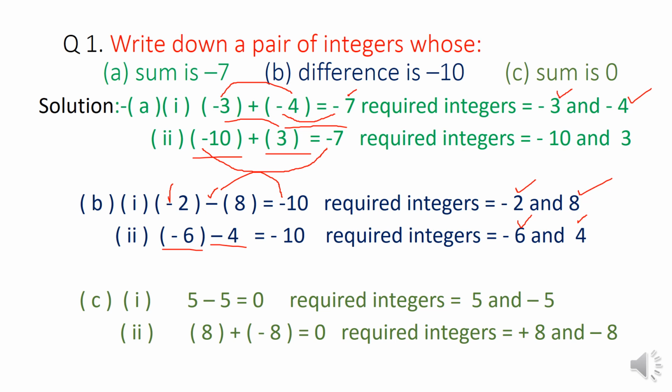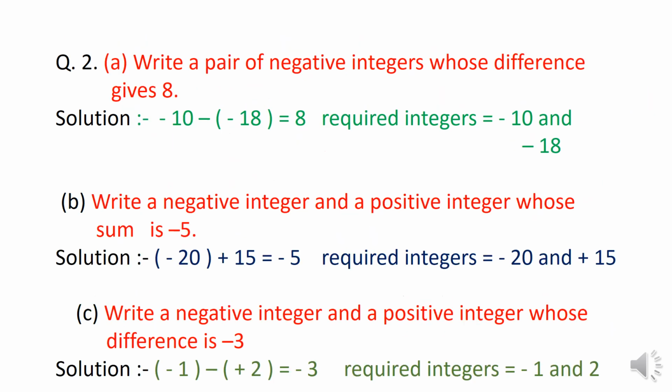Now, let us see question number 2, (a). Write a pair of negative integers whose difference gives 8. Now, listen student, for this question also there can be many answers. Whatever answers I am showing is not the only answer, you can find many integers like this.